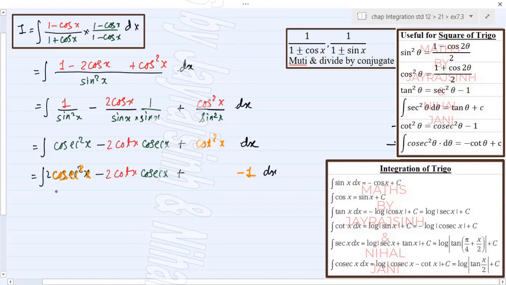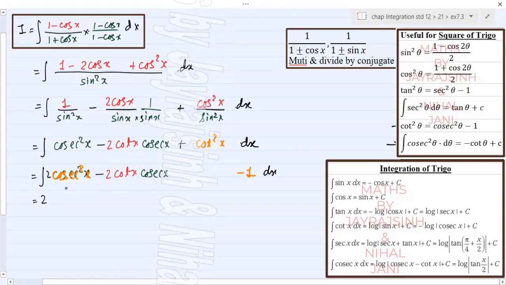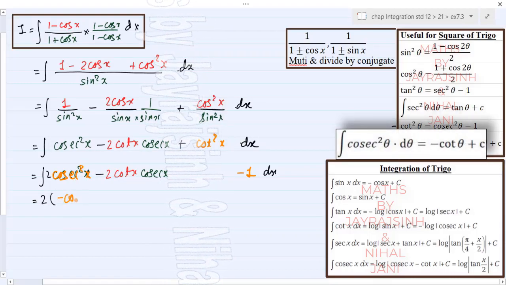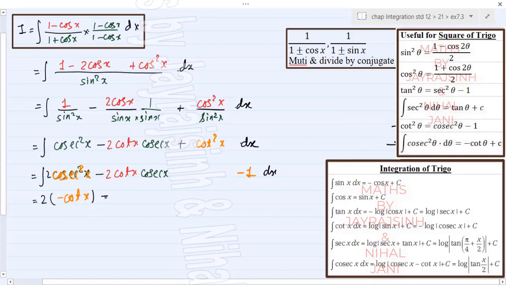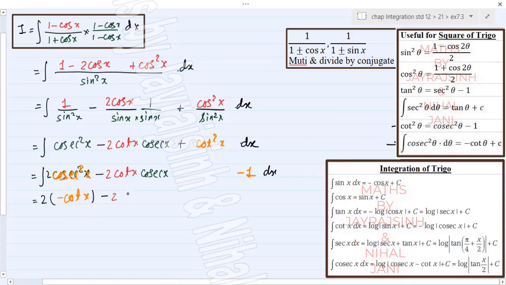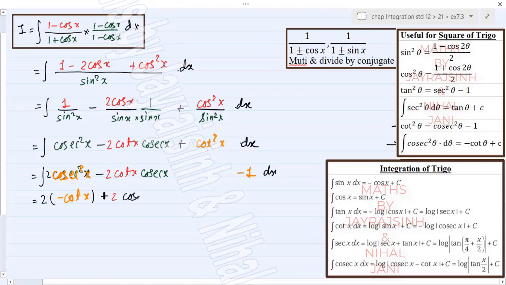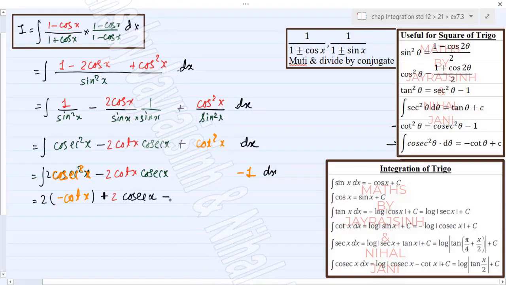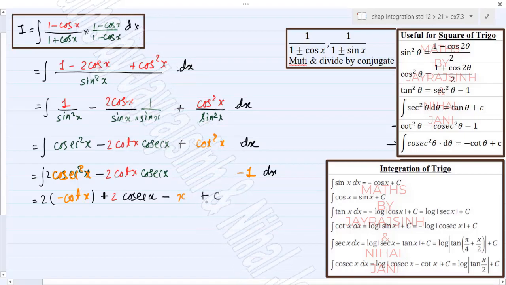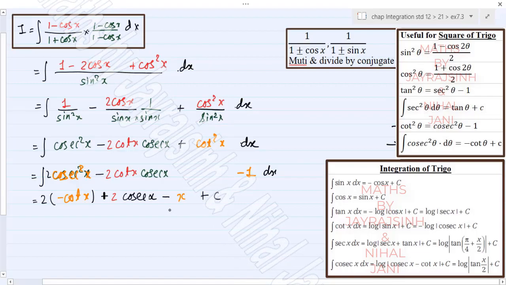So we are ready for integration. The first term 2 will be as it is, integration of cosec square x is minus cot x, minus 2 will be as it is, integration of cot x into cosec x will be minus cosec x, minus integration of 1 will be x plus c is your final answer.